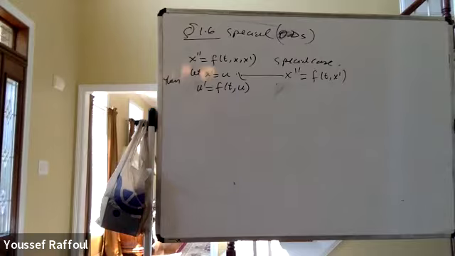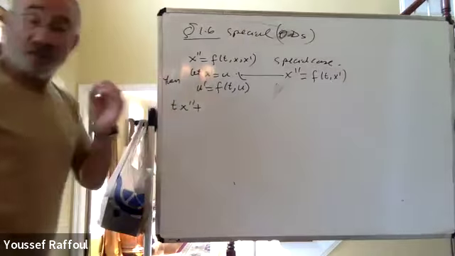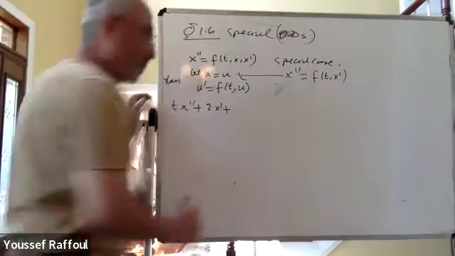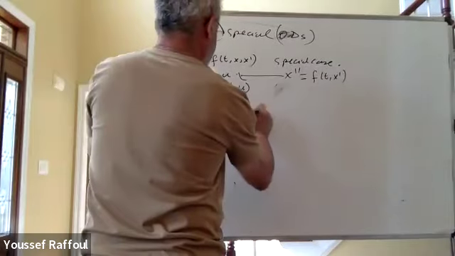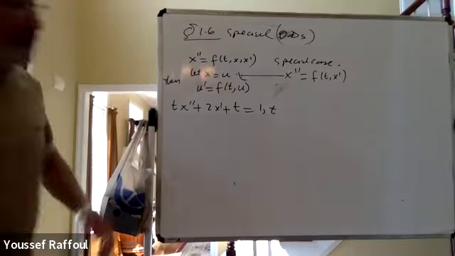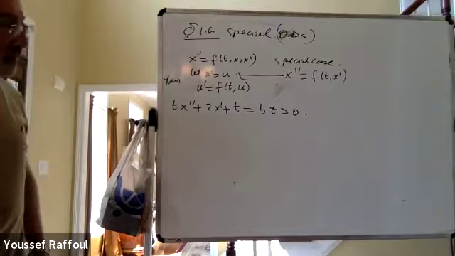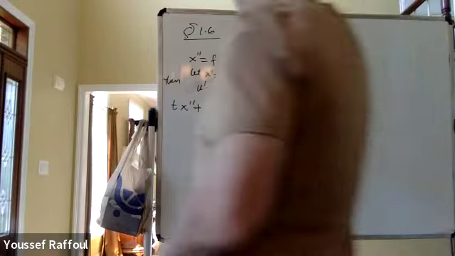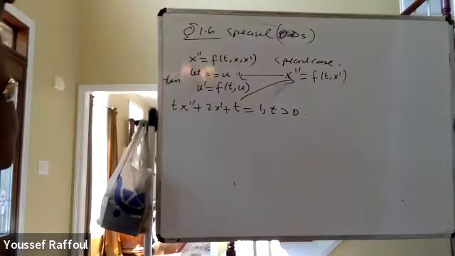Okay, so let's take a look at an example: t x double prime plus 2x prime plus t equal to 1, and t is bigger than 0. This differential equation is a little bit complicated, but it is of this form, in terms of x prime.